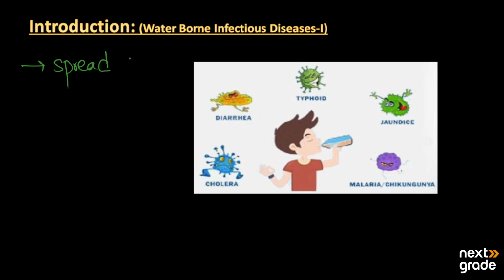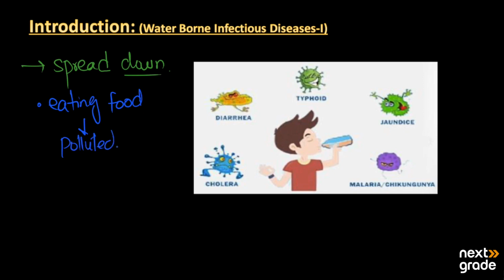All that is just because of the pollution of the water, or it may also be caused by eating food that is prepared from polluted water. On the other hand, when we drink that polluted water, it can also cause different types of diseases. All these diseases are basically known as waterborne infectious diseases.